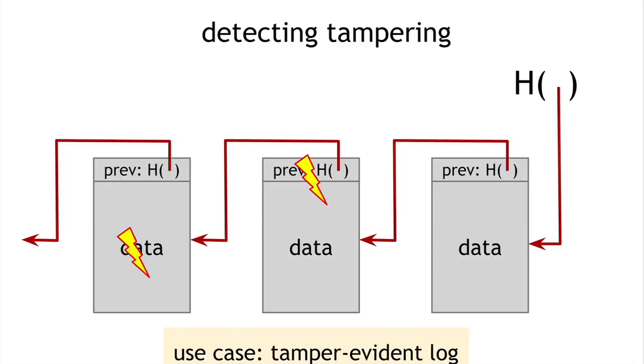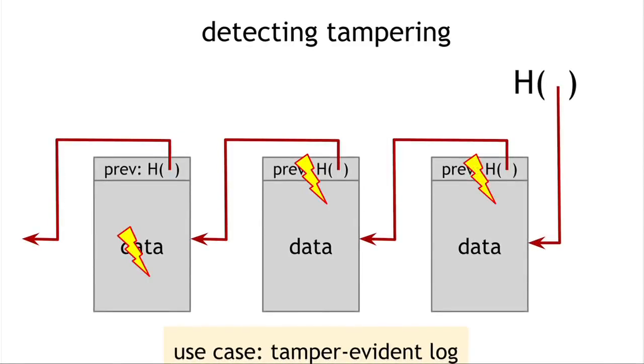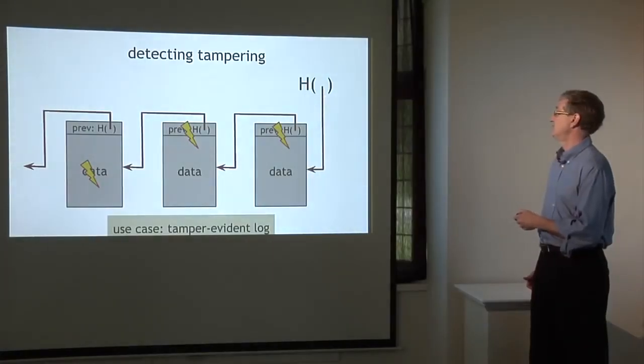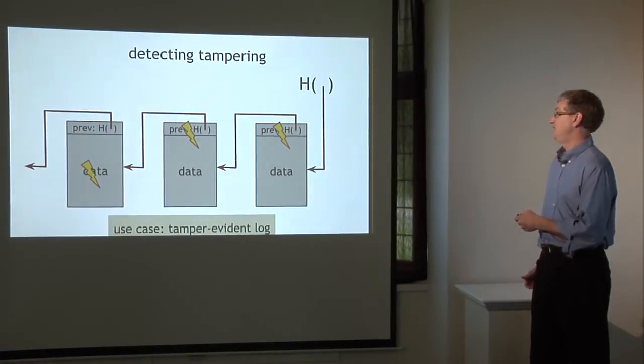And so we're going to detect the inconsistency between the contents of this block and this hash, unless the adversary also tampers with the block over here on the right. But now when he does that, the hash of this block is not going to match the hash that we remembered up here, the hash that we're holding on to.